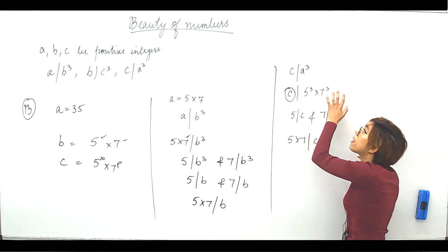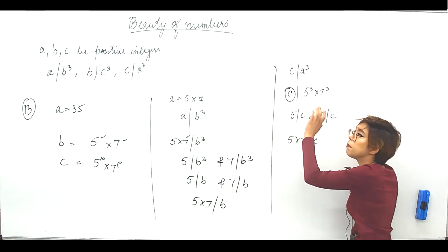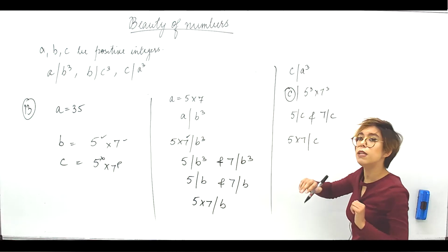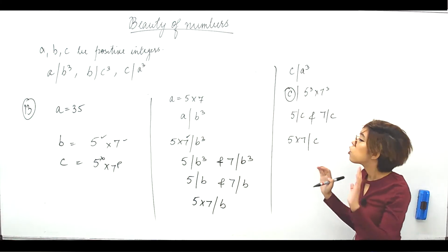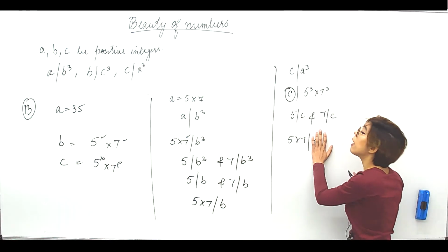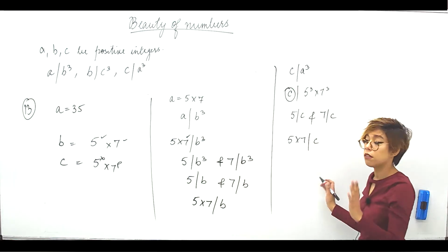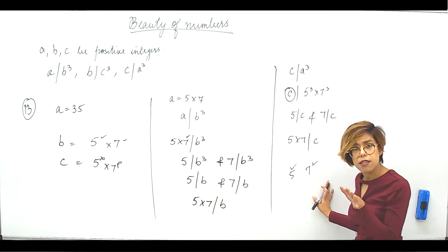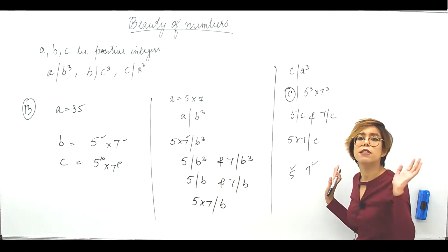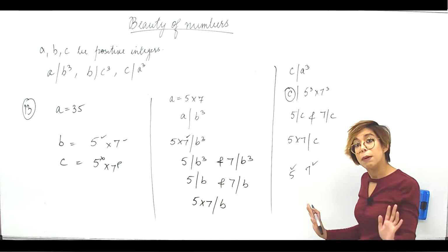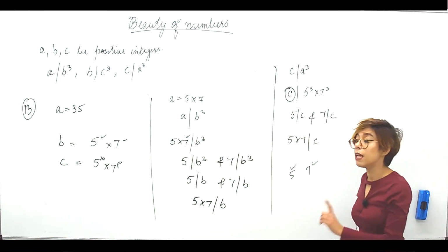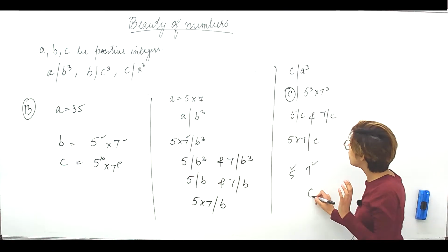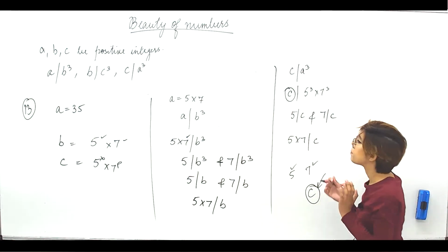No other factor except for these will be here. If there is 3 here and not there, it will not be exactly divisible. So that means C should not have any other prime factor except for 5 and 7. There might be different powers, like 5 raised to power 2, 7 raised to power 3. That is absolutely fine. But the prime factors will remain 5 and 7 only. This we have concluded about C.